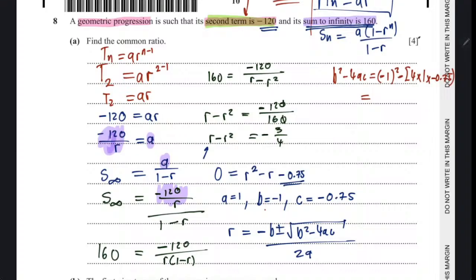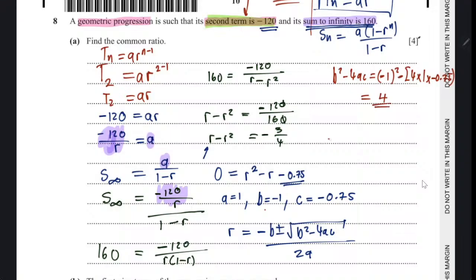B squared minus 4. Negative 1 all squared, 1. You can punch it in the calculator, then minus this stuff. So put it in your calculator, tell me what you get. You got 4. Okay. So this is 4.